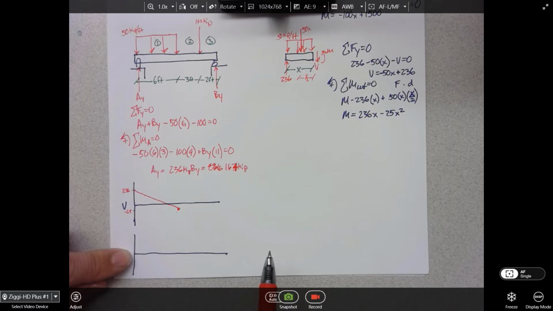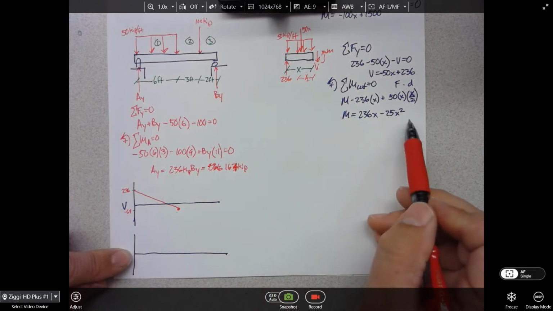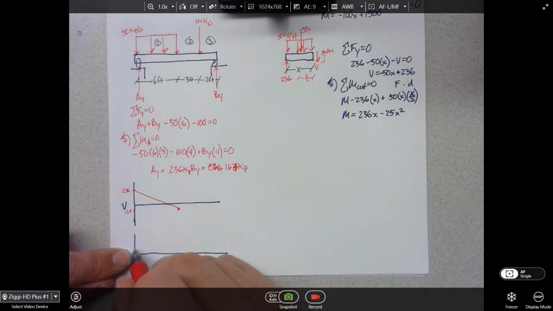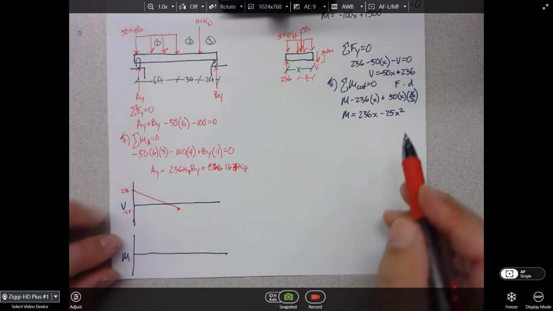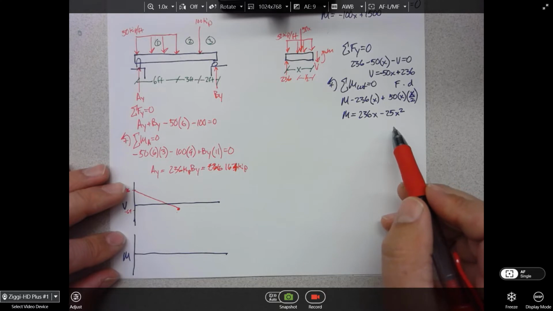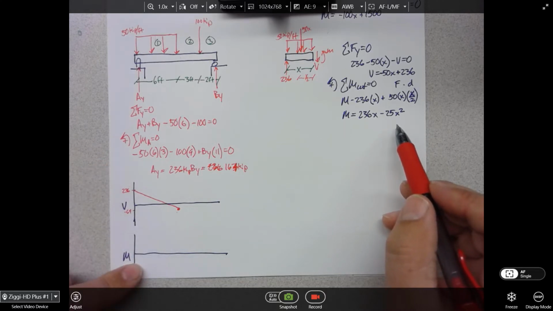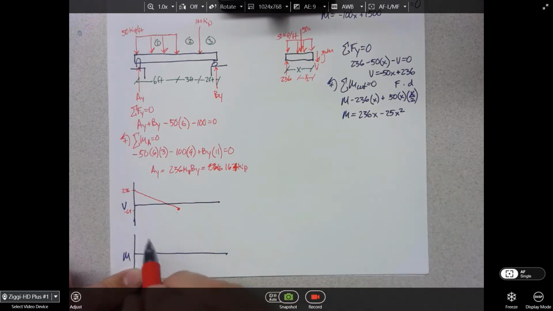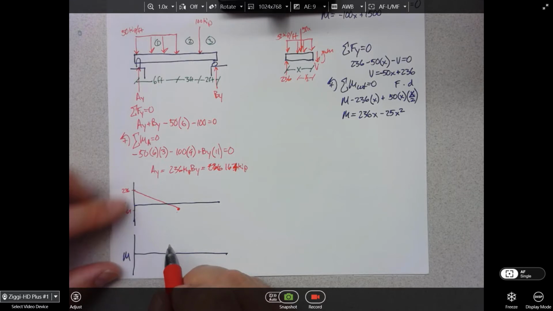Okay? Our moment, we're going to start at 0, and it's going to be 236x minus 25x squared. So that's concave down, but at 1, it would be 211. So it's going to be concave down, but going up. What's it going to be at 6? I can't do that in my head. What's 236 times 6 minus 25 times 36? 516?